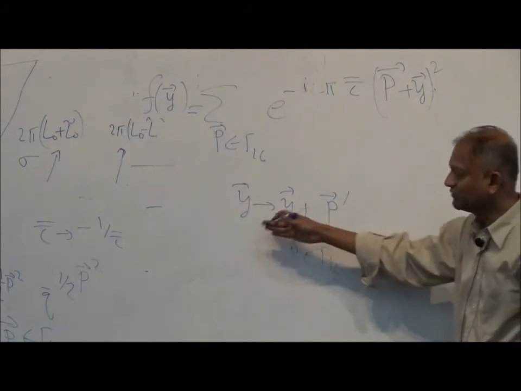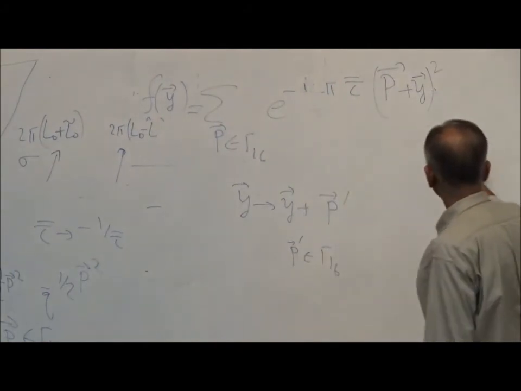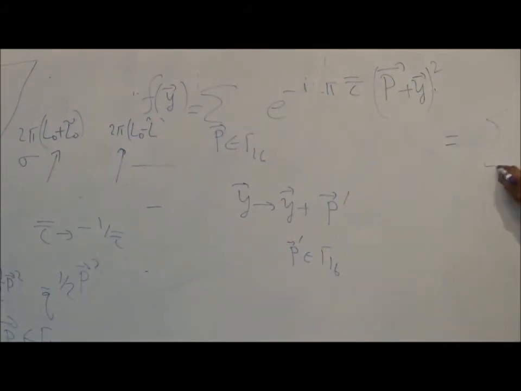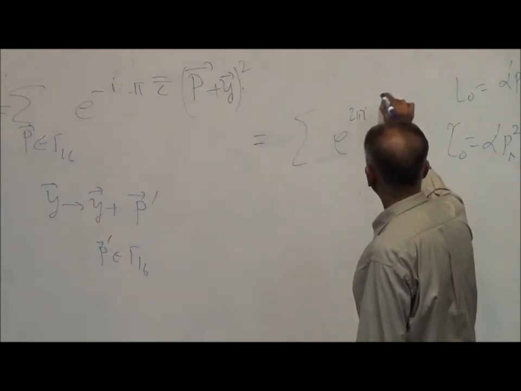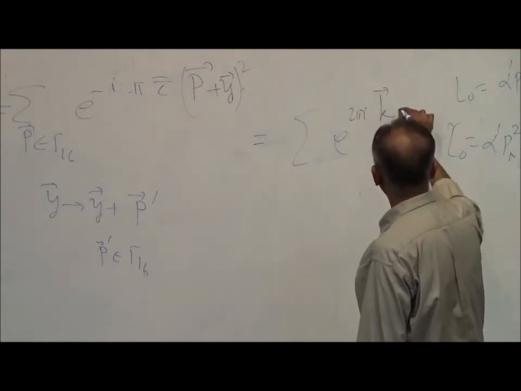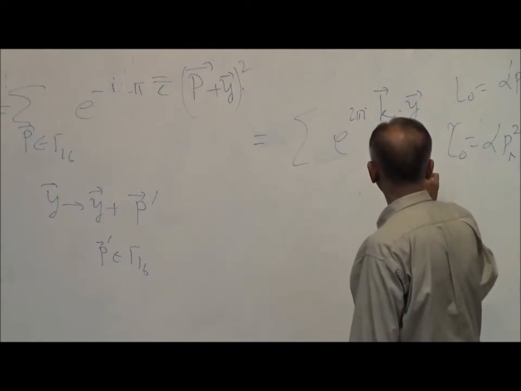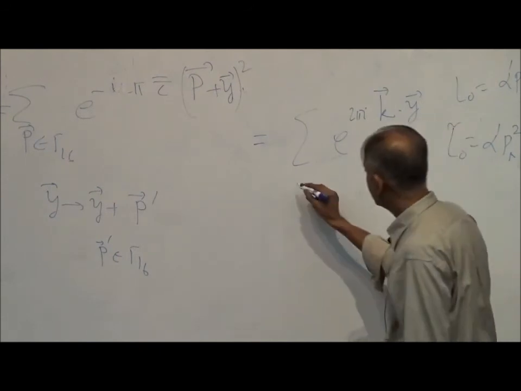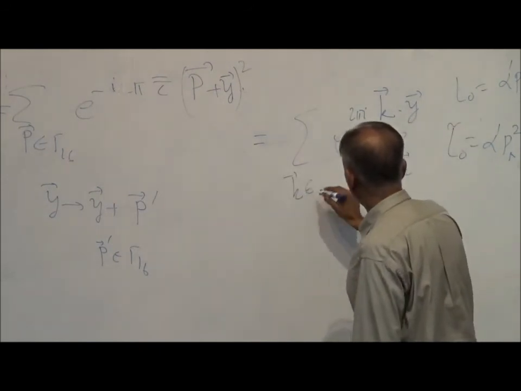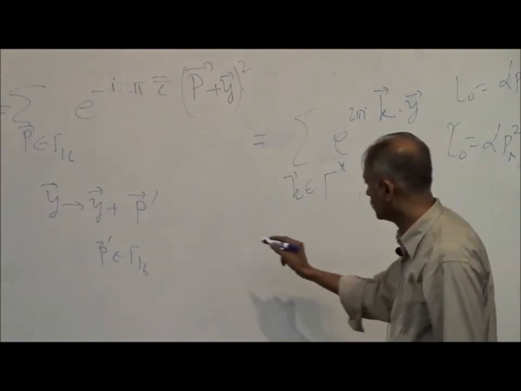That means I can do a Fourier series analysis. I can rewrite this function as a sum of e to the power of 2 pi i k dot y times some coefficients f of k. These are the Fourier coefficients, where k belongs to the dual lattice, gamma star.